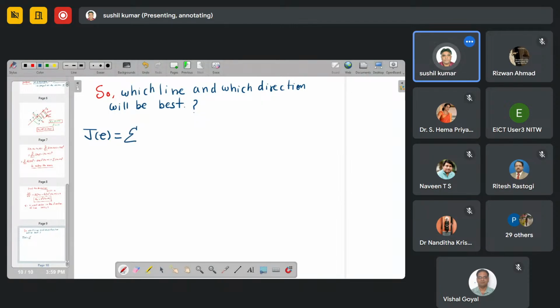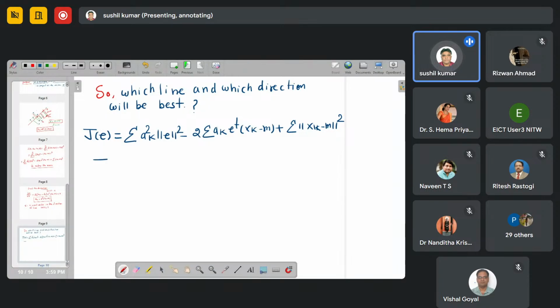The error is the same here, so I will write the same equation again: a square k, mod of e whole square, minus 2 a of k e transpose (x of k minus m), plus (x of k minus m) whole square. This is the error we have done already.